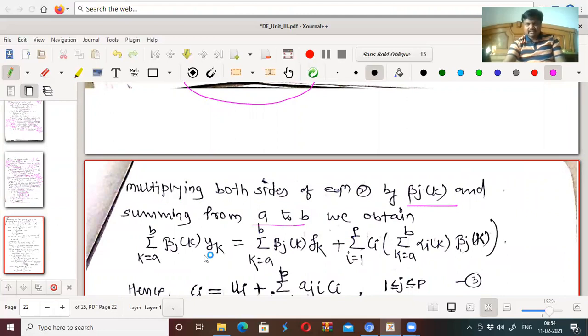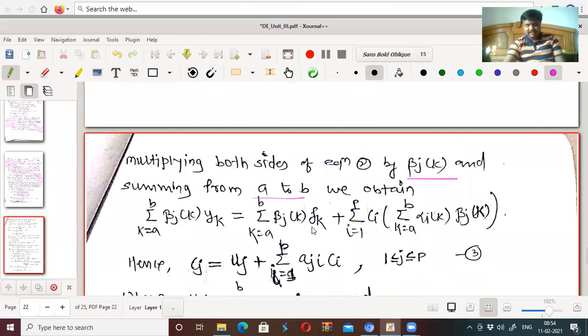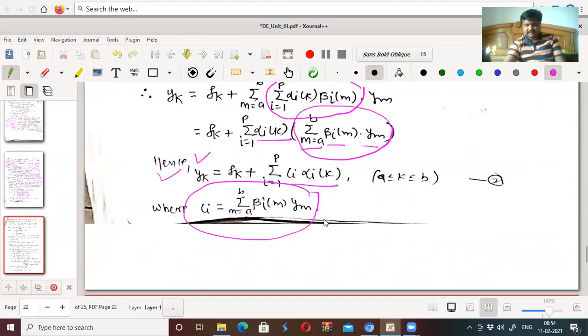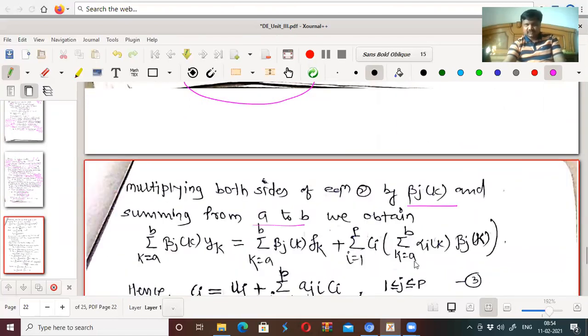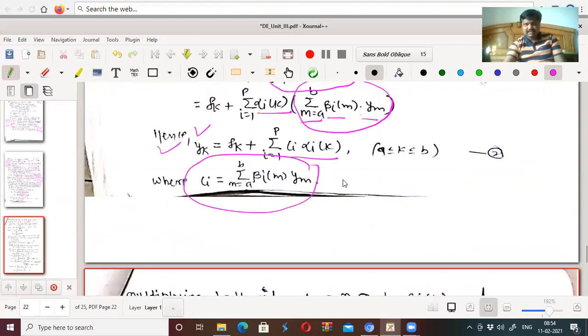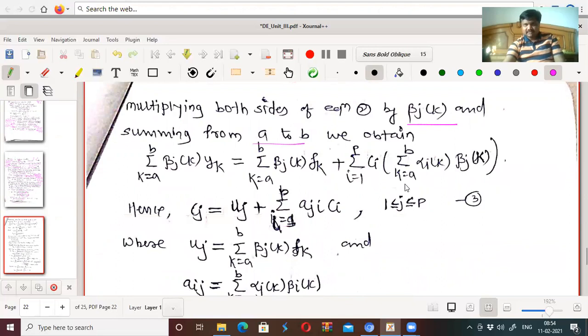So summation from k equal to a to b beta j k y k equals summation from k equal to a to b beta j k f k, plus summation i from 1 to p c i, and for that, summation k from a to b alpha i k beta j k, because this summation is over k and here is k, therefore we have taken it for this one, not for c i, because c i is independent of k now.